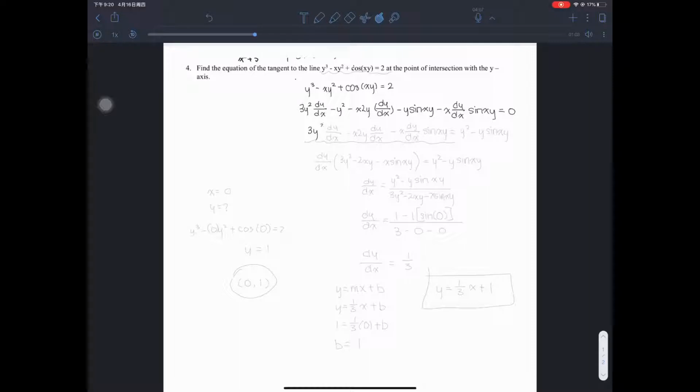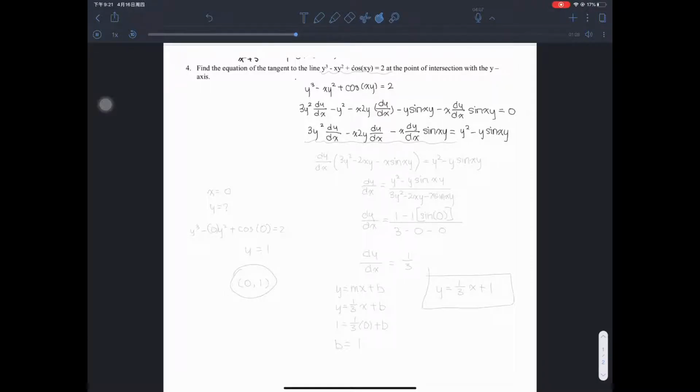3y squared dy/dx minus x 2y dy/dx minus x dy/dx sine xy equals y squared minus y sine xy.